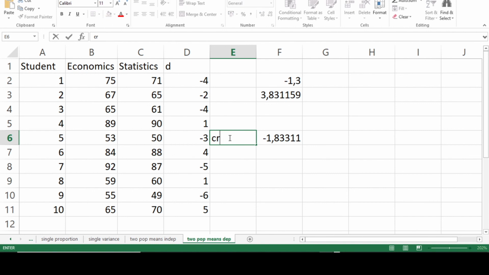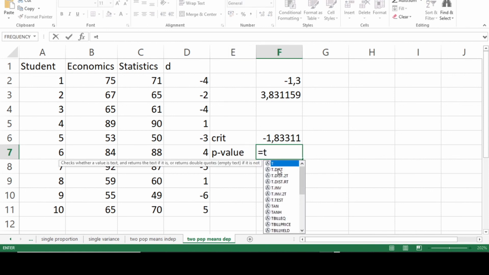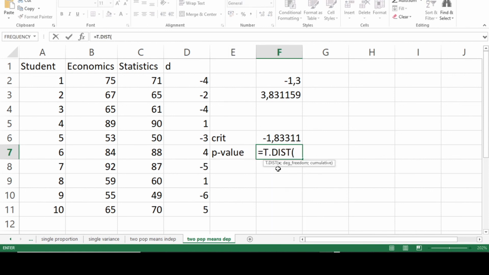So let's just put that in as your critical value. And then for your p-value, we use the function T.DIST. Our x value is minus 1.07. That was our calculated test statistic value. The second argument is the degrees of freedom, and that is 9.